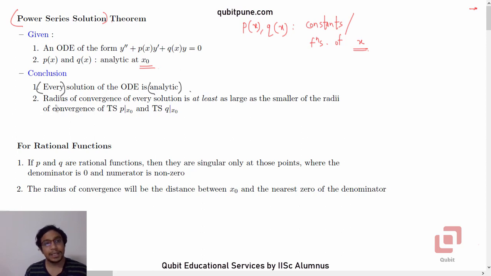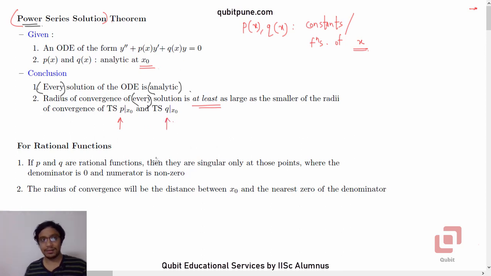And second thing, the radius of convergence, because the solution that we are going to get is going to be in the power series form, so we have to talk about the radius of convergence. Okay, so the radius of convergence of every solution is at least as large as the smaller of the radii of convergence of the Taylor series expansions of either p at x0 or q at x0.